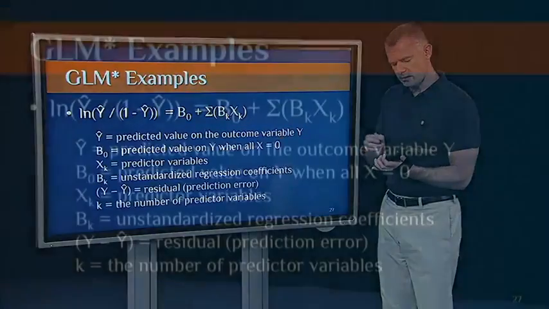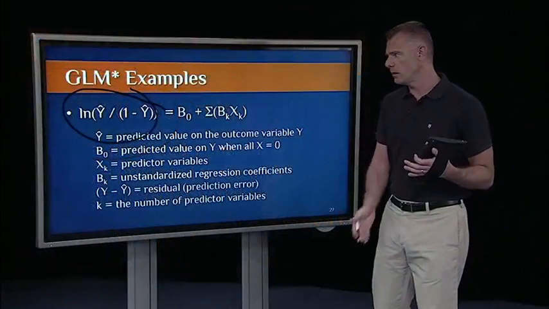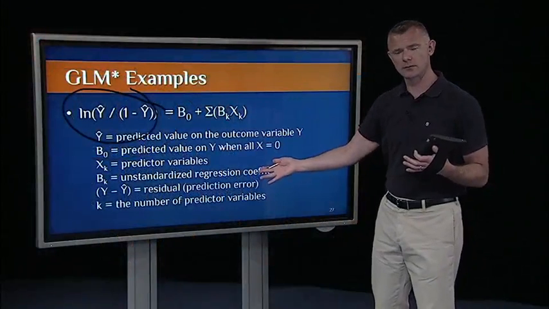And that was done just by applying the logit transformation over there on the left-hand side of the equation. In R, remember, the argument in the GLM function is called family, and we just put in family equals binomial. And by putting that into that function, GLM in R just did this for us.